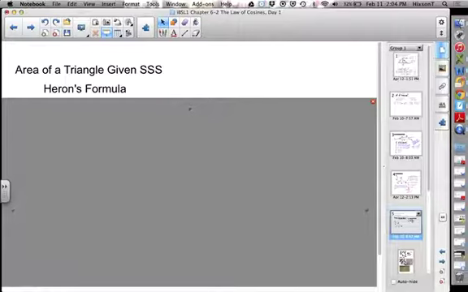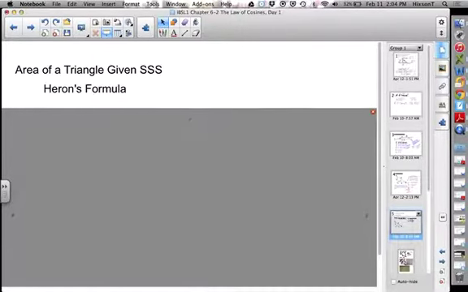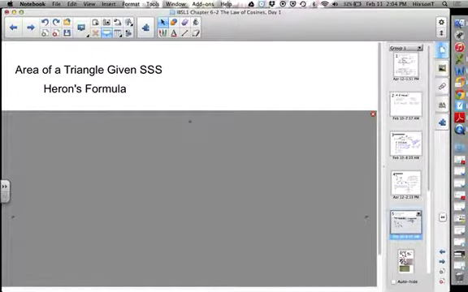Okay, we already have an area formula for when we know 2 sides and the angle between them, the 1/2 AB sine of C. But here it's for when we know side, side, side. Okay? Now, let's think about this for a moment. If you know all 3 sides, what fact about the triangle can you find really easily?